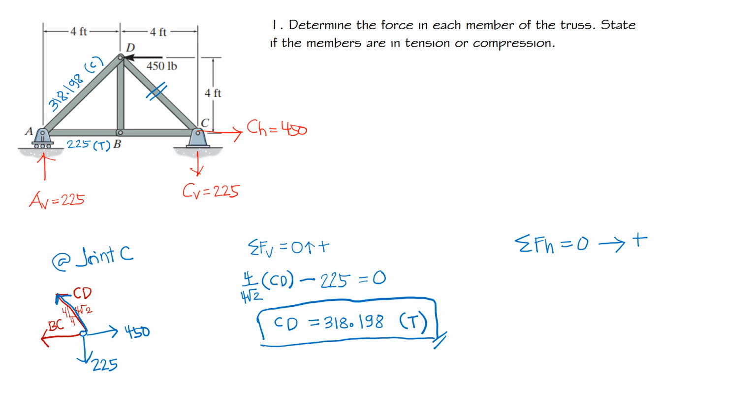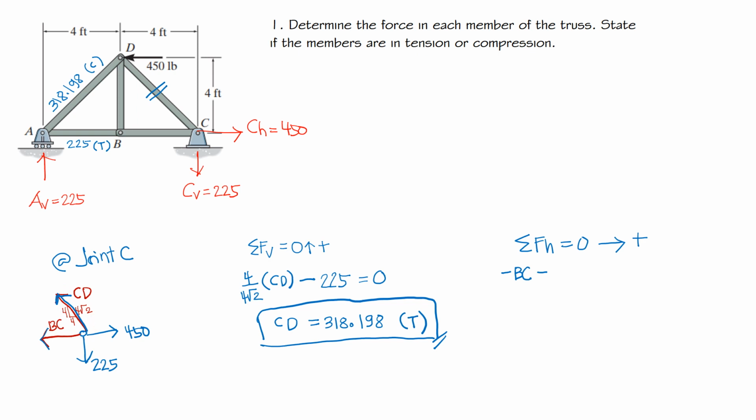So that becomes negative BC. Why negative? Because it's going to the left, minus, again, the horizontal component of this one is going to the left, so it's negative.